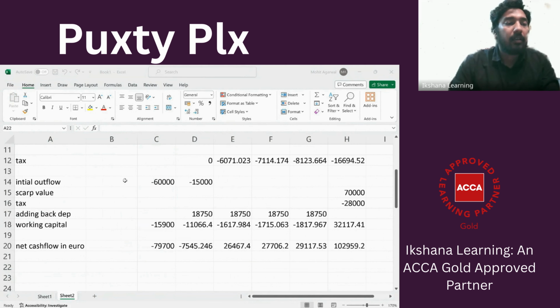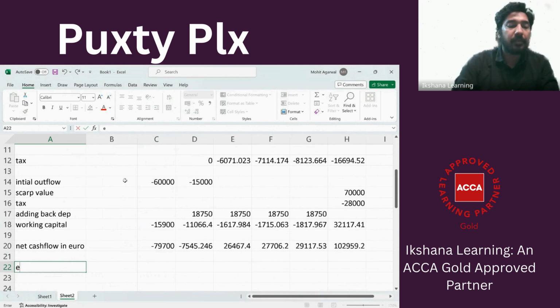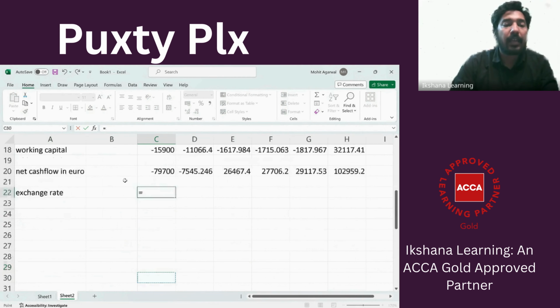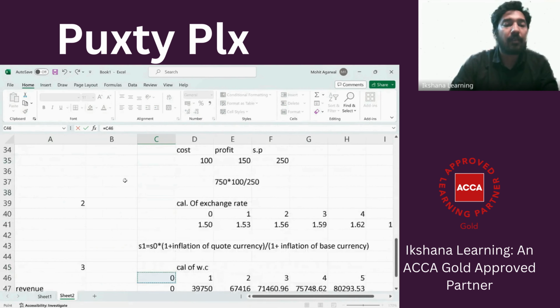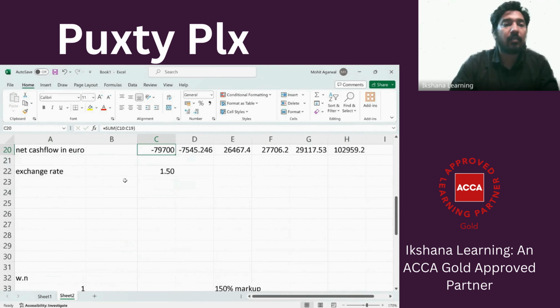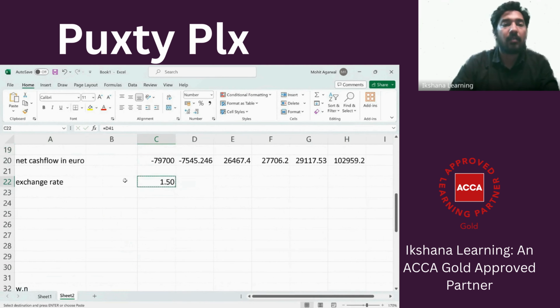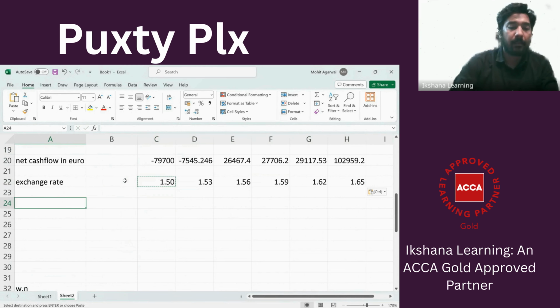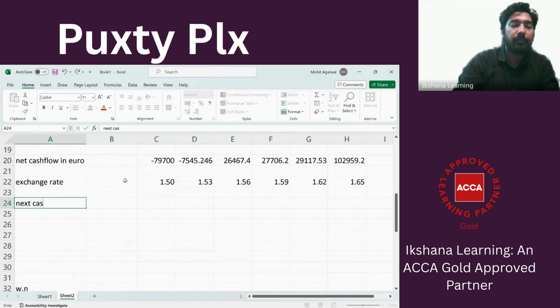So exchange rate. Now again we require the exchange rate, and since we have already calculated, let's give it a reference from our calculation. Then net cash flow in pound.